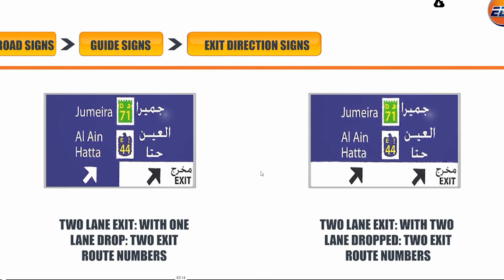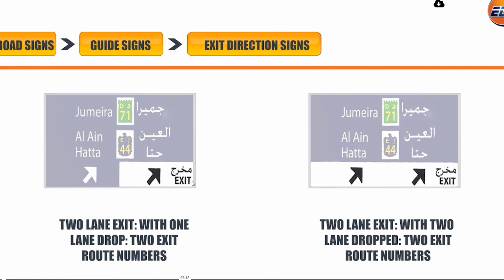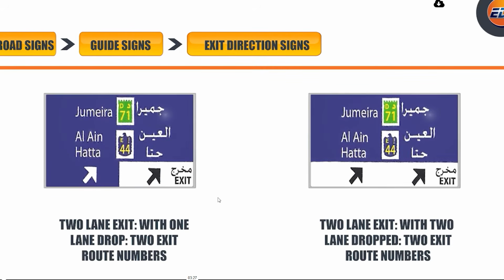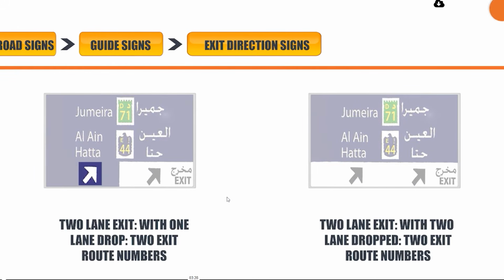Exit direction signs guide motorists on the proper lane to take prior to exit. The white exit panel with black arrow shows that the particular lane is dropping and moving away from the main carriageway. The white arrow shows that the lane will lead you to the next exit.